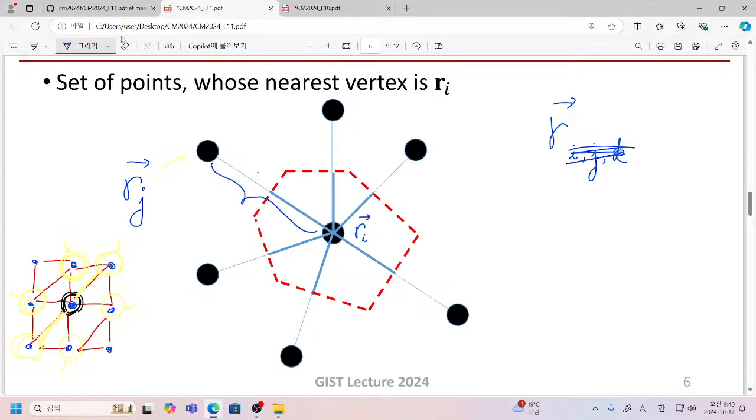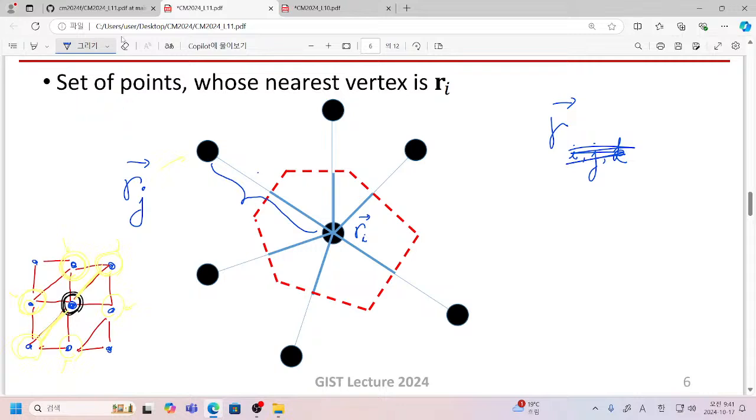However, this distance is quite easy to calculate, by taking the vector difference of r sub j and r sub i and taking the absolute value. It is easy to evaluate, and this is quite easily achievable for our calculation.